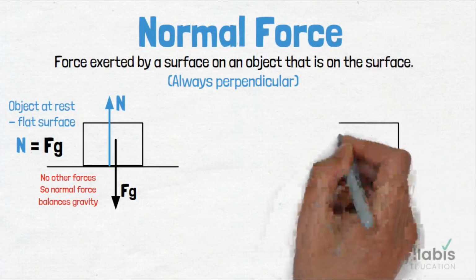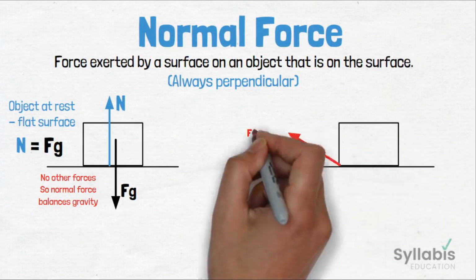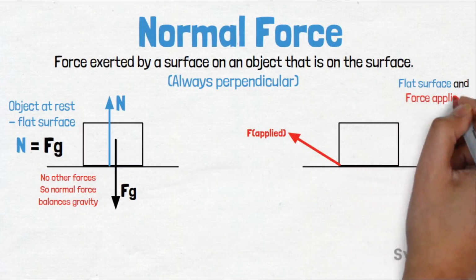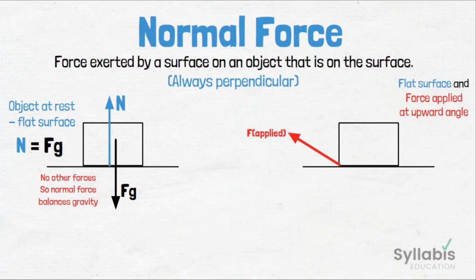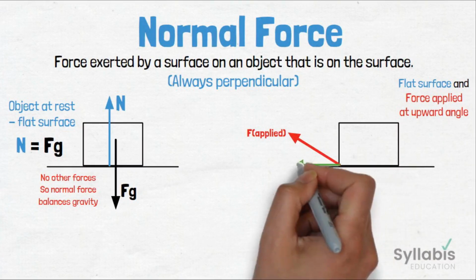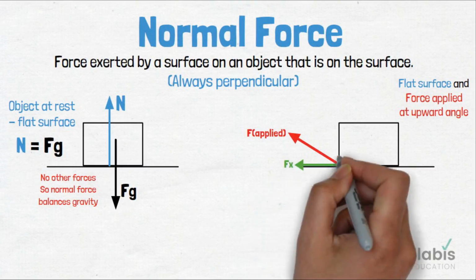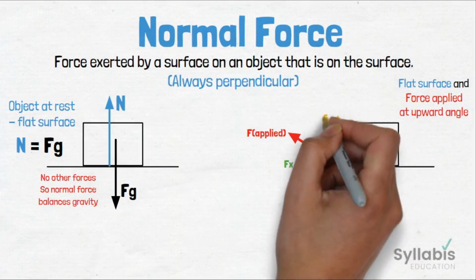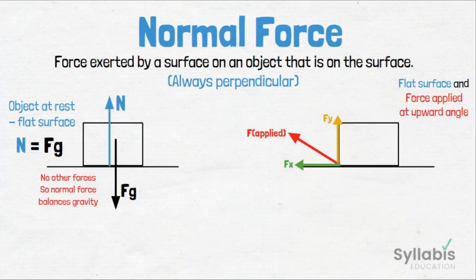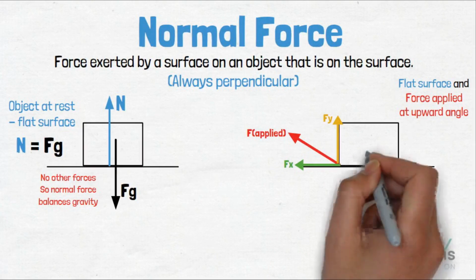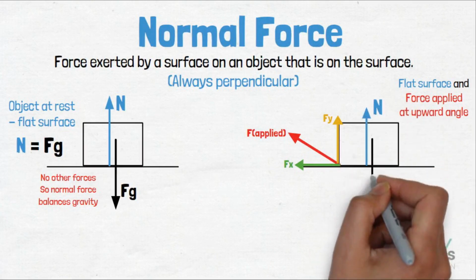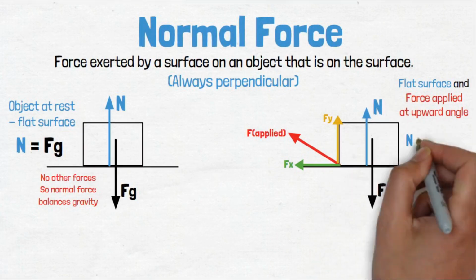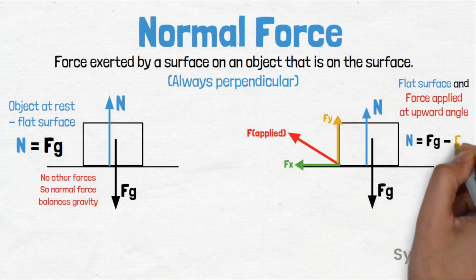If the object is on a flat surface, and the force is applied at an upwards angle, then the first thing we must do is divide the force applied into its horizontal and vertical components. Then the normal force will be equal to the gravitational force, minus the vertical component of the applied force.